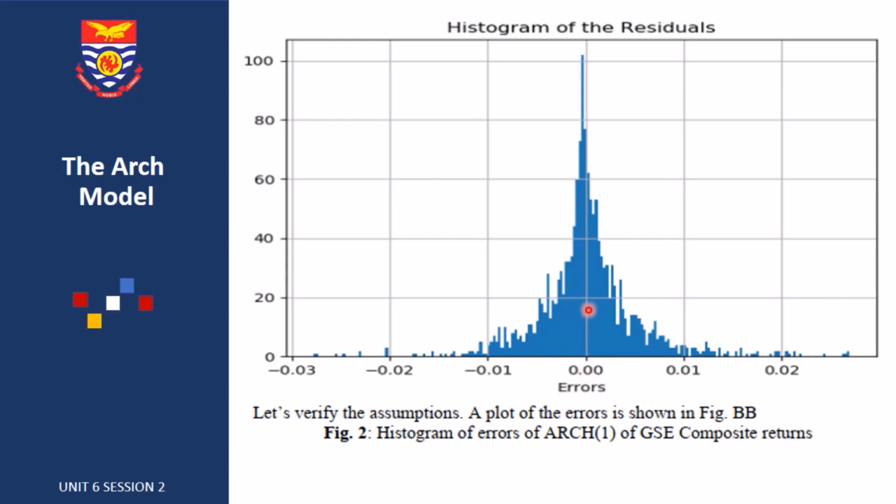It is clearly indicated that this assumption is met, as we have the mean being at the center, indicating that the average of the residuals is zero. So we have met the first assumption of the significance of the model.